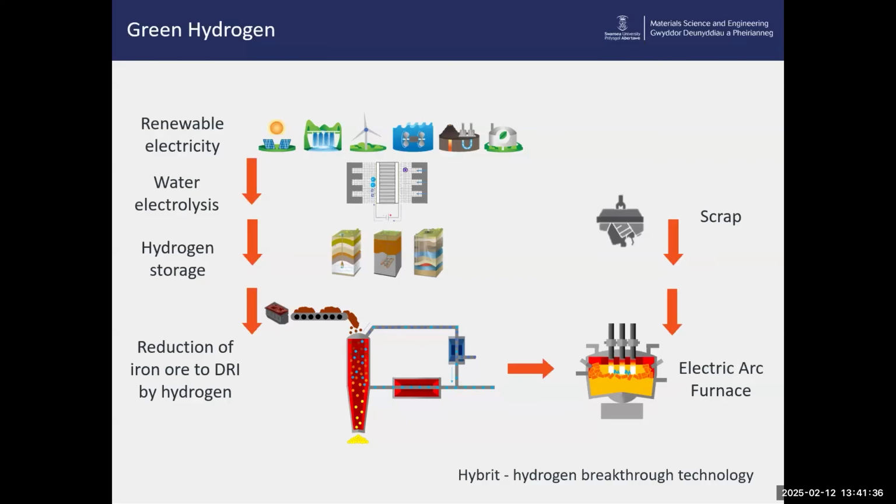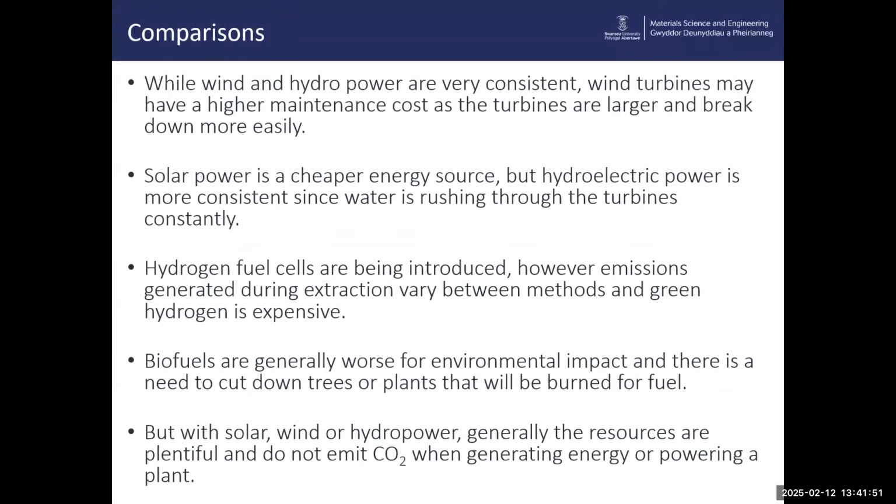However, at the moment, the technology is very expensive and may not be economically viable. The work is going on to make this sort of process possible. So, some comparisons.